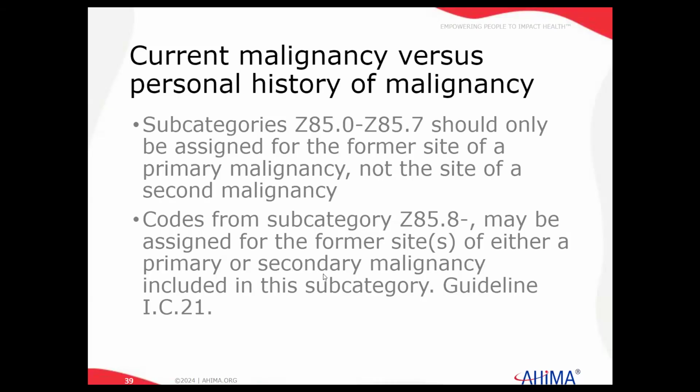Globally, if somebody has had a surgical excision of a cancer, we have clear margins, and they're not undergoing any treatment, it's considered a personal history, Z85.0 through Z85.7. So in other words, the cancer is gone, it's no longer an issue.